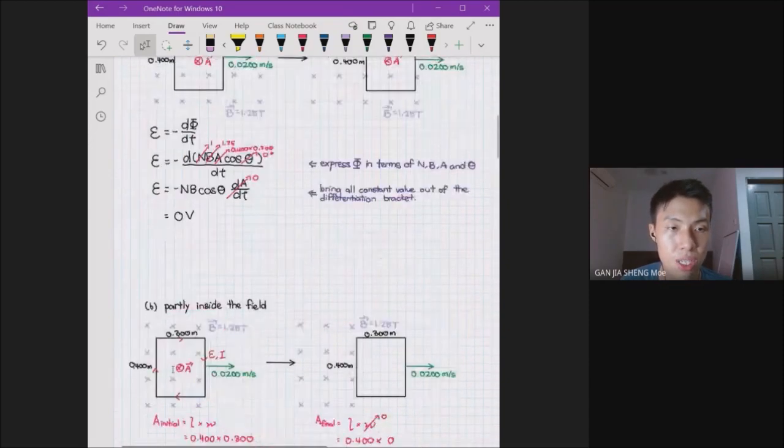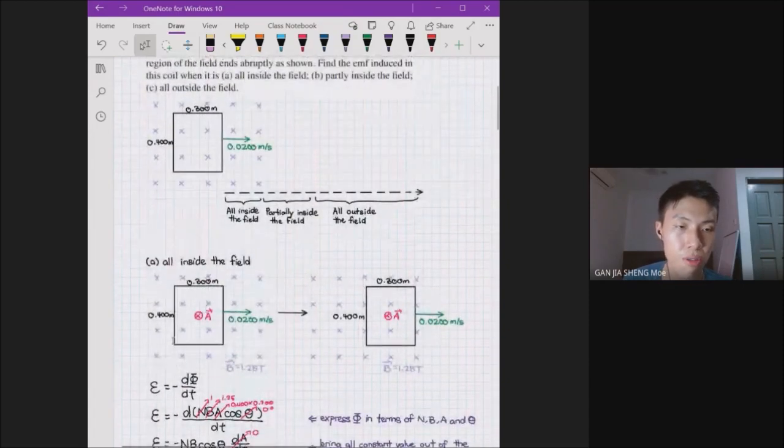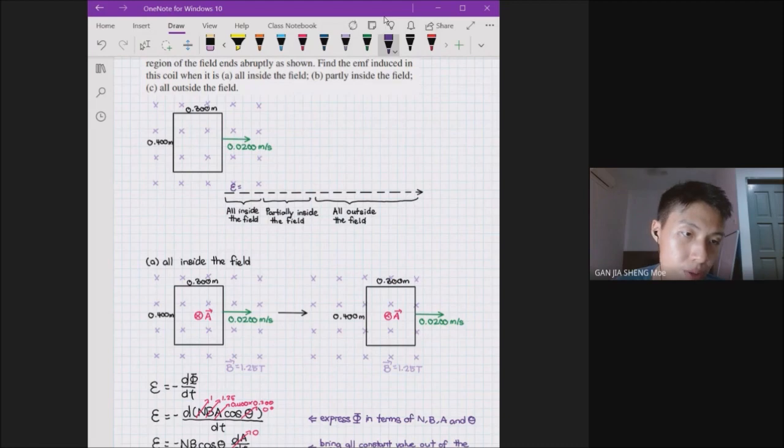Something important to take precaution of: when you're all inside the magnetic field, you have 0 volt of induced EMF. When you're all outside the magnetic field, you have 0 volt of EMF. But when you are partially inside, partially outside, then there is changing area.